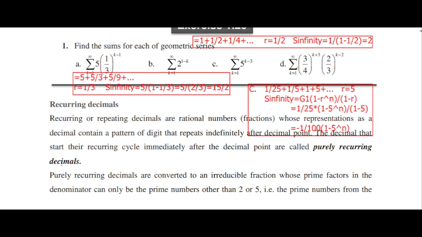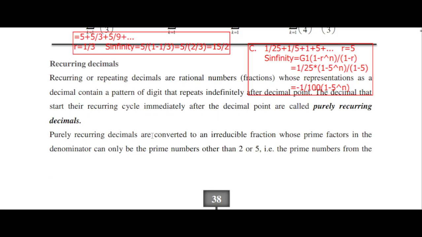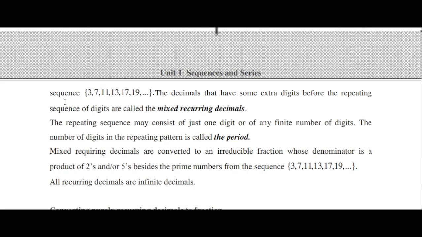The decimals that start the recurring cycle immediately after the decimal point are called purely recurring decimals. Purely recurring decimals are converted to an irreducible fraction whose prime factors in the denominator can only be prime numbers other than 2 or 5. That is, the prime numbers from the sequence 3, 7 and so on.